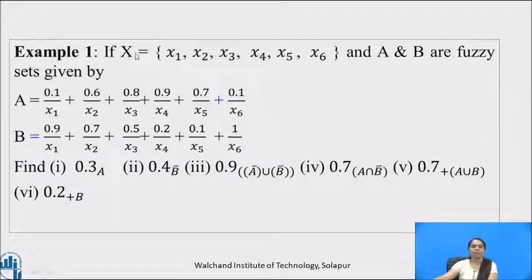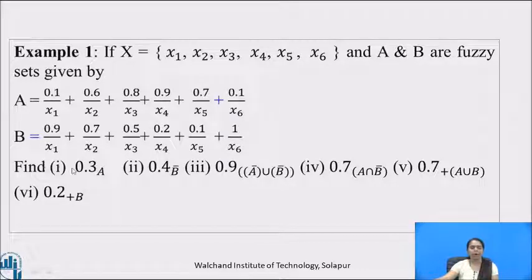If X is equal to the set X1, X2, X3, X4, X5, X6 and set B is equal to 0.9 by X1 plus 0.7 by X2 plus 0.5 by X3 plus 0.2 by X4 plus 0.1 by X5 plus 1 by X6.